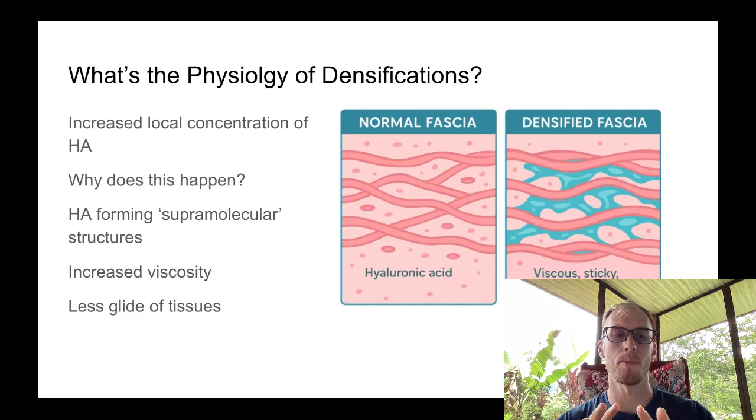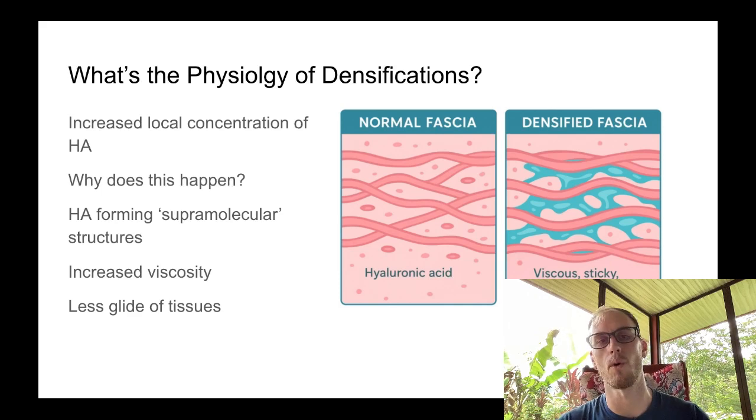With those supramolecular structures, I'll also be clear in saying that the bonds between them are relatively weak bonds. They're not bonds that you would equate to the bonding that we see between collagen fibers within the fascial tissues. This is something separate to that, and we would call this group of weaker interactions van der Waals forces.